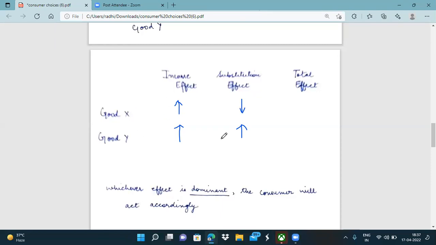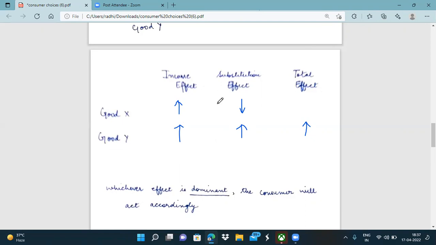So when we look at the total effect, in case of good Y, both the income effect and substitution effect state that the consumer must increase its consumption. So the total effect will be a positive one. The consumer will increase the consumption of good Y.